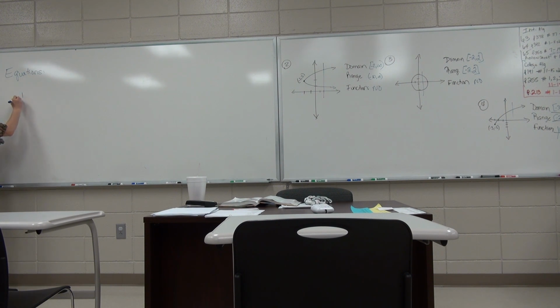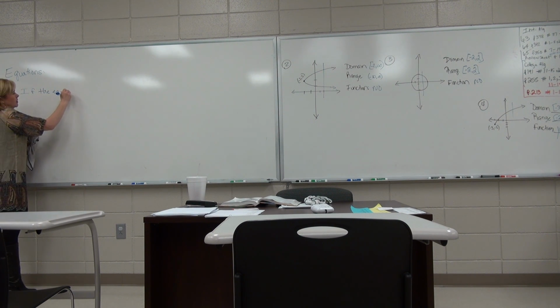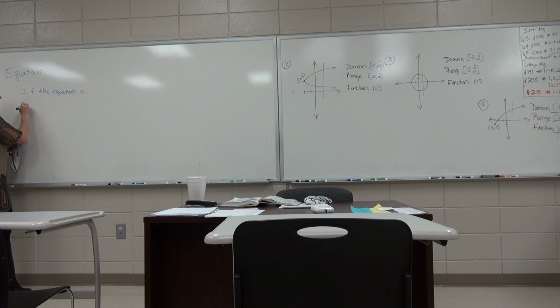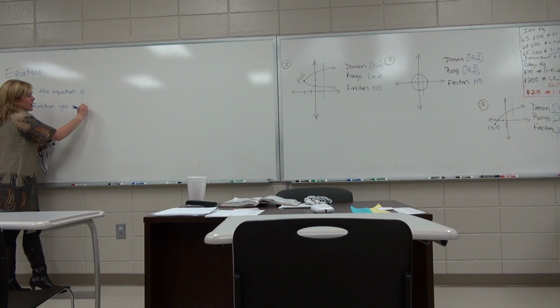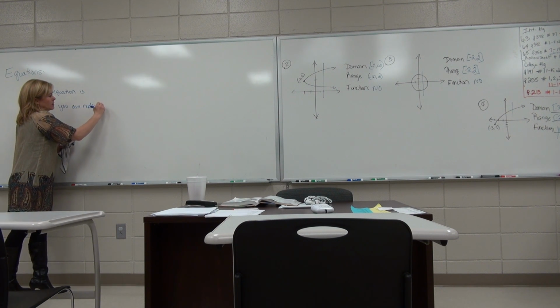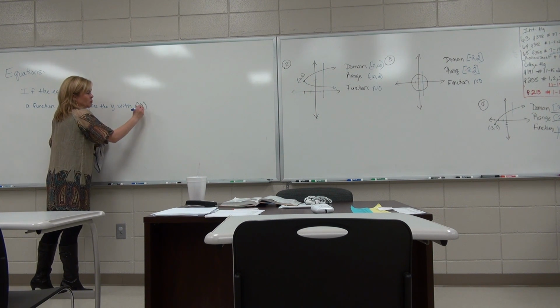Okay, so first of all, if you have a function, we talked about this last time, if the equation is a function, you can replace the y with f of x, which we taught last time.